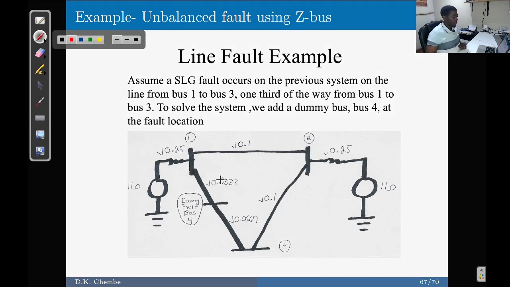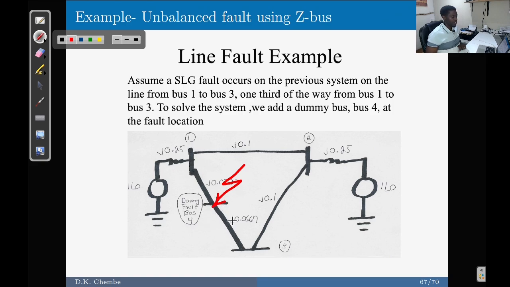So if we have a fault on the line here, and you may be told the distance location of this fault, it is half the transmission line or any other distance, then this is how you determine your fault.